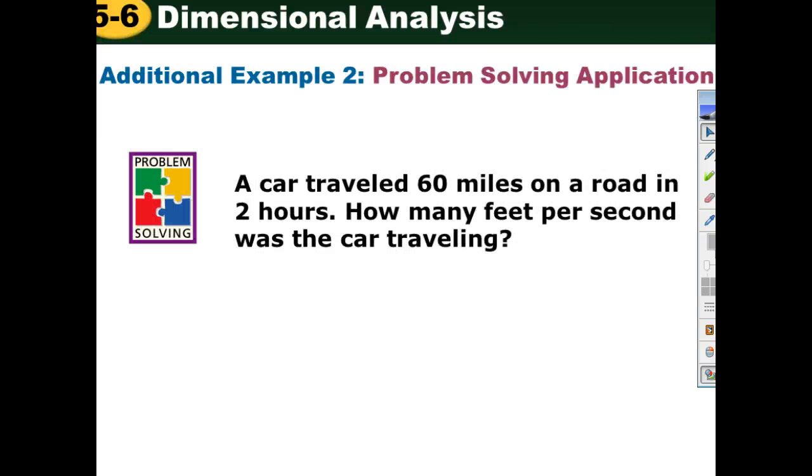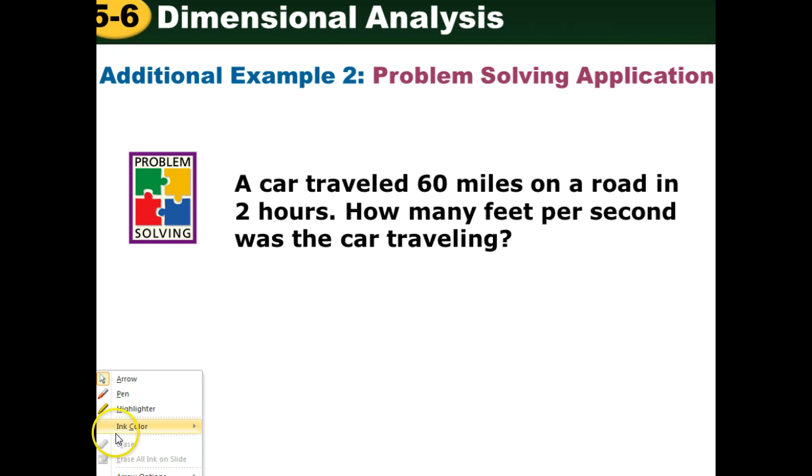So, here we have a problem. A car travels 60 miles on a road in 2 hours. How many feet per second was the car traveling? If you notice here, it is no longer going from miles to feet only.